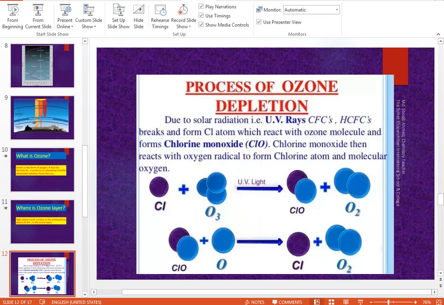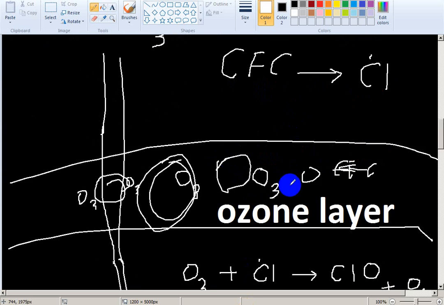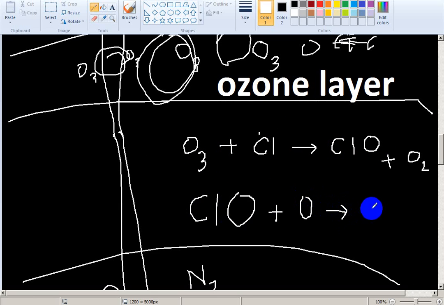So at first, the chlorine radical from the CFC breaks an ozone molecule and forms chlorine monoxide, and this chlorine monoxide reacts with an oxygen atom radical, forming a chlorine radical again and an oxygen molecule.